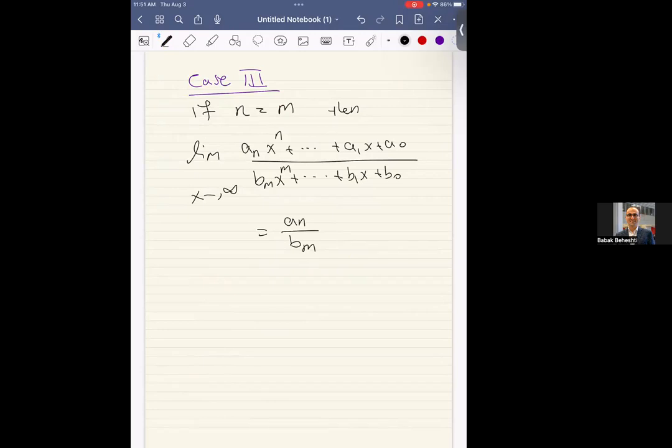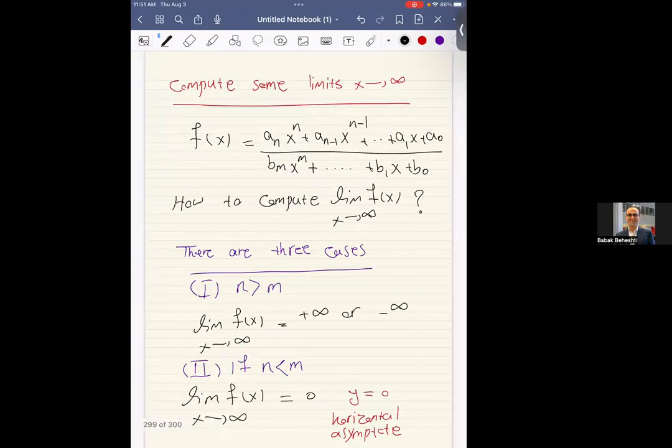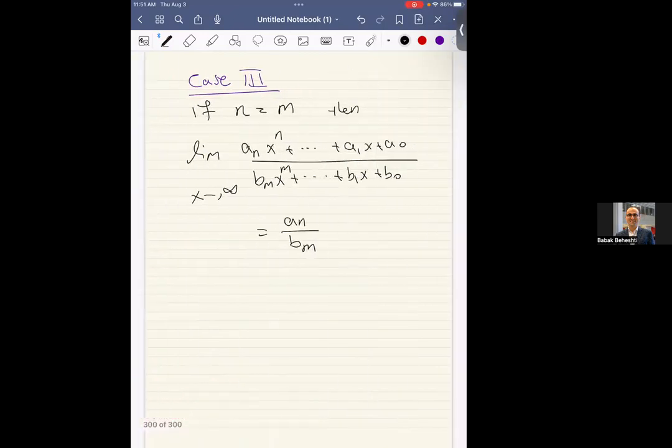So here we also can conclude that y equal to an over bn, is a horizontal asymptote.